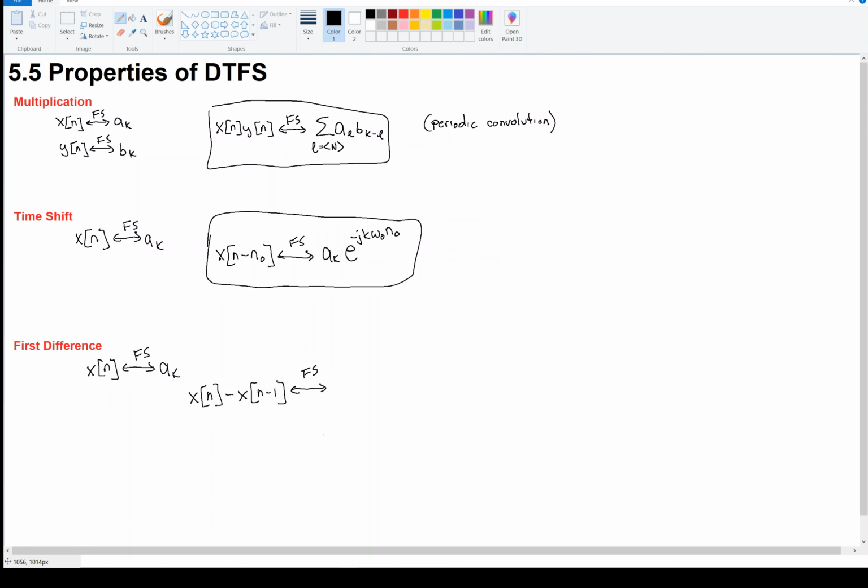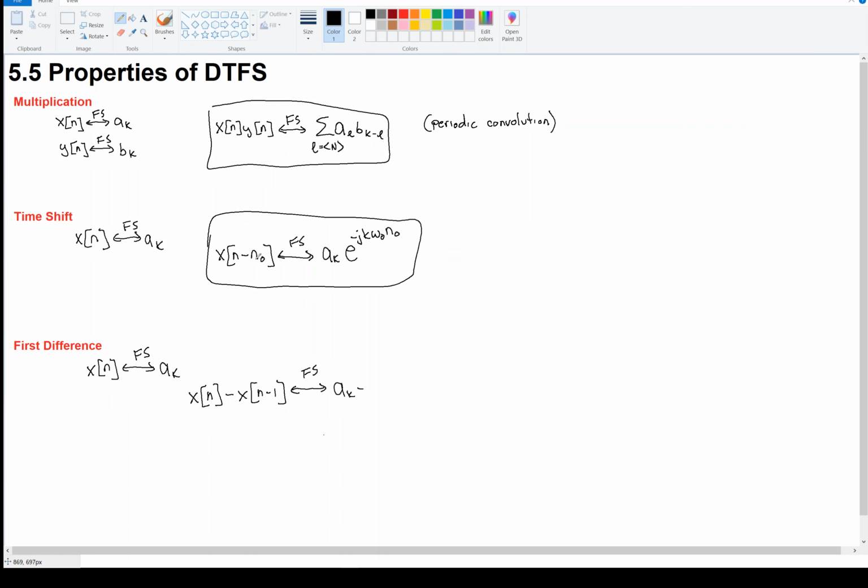Well, something I haven't talked about yet is linearity, and linearity still applies. I'm just not going to go over it because it's what you would expect. Linearity allows us to take the Fourier series of each piece. So the Fourier series of y[n] is a_k minus the Fourier series coefficients of x delayed by 1 unit.